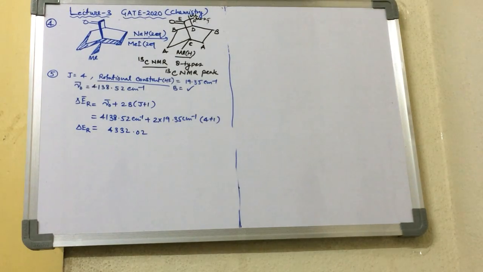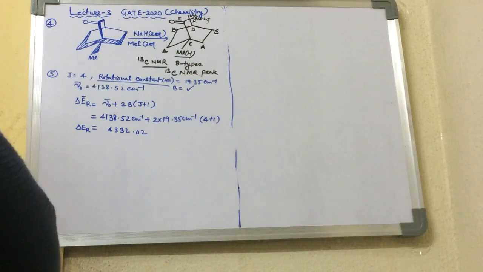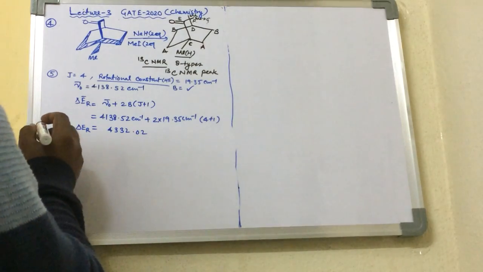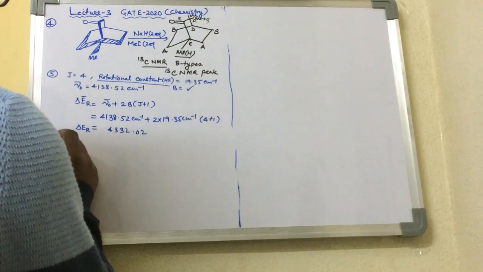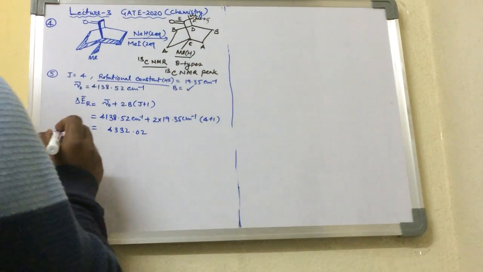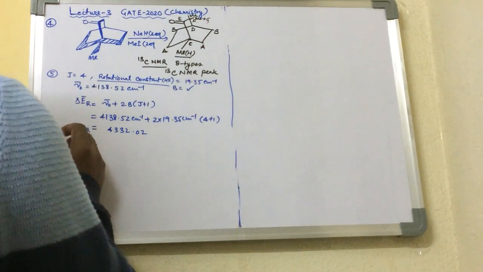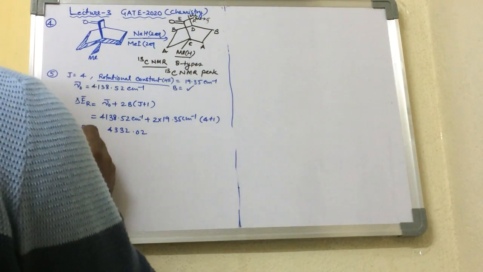So next question is 5, 6. They are given some values. What value is given to us?